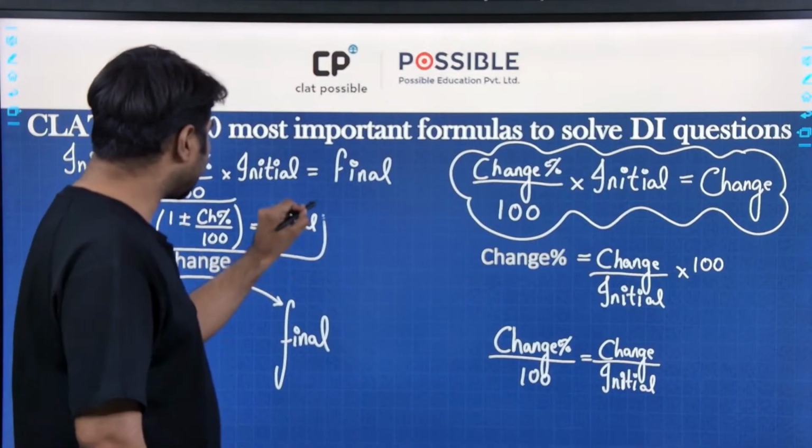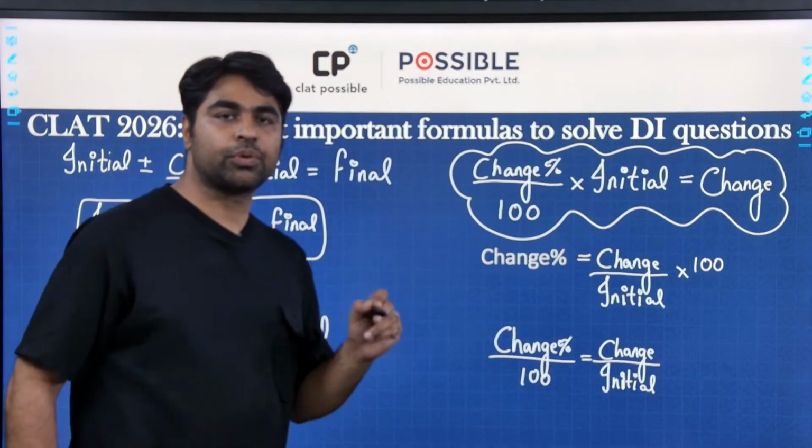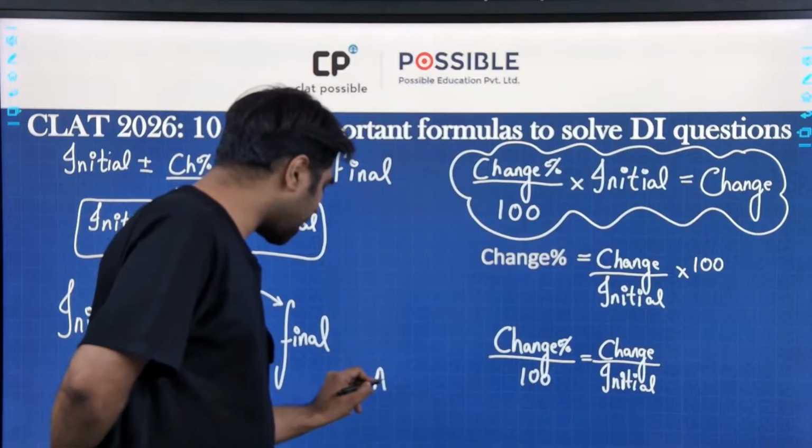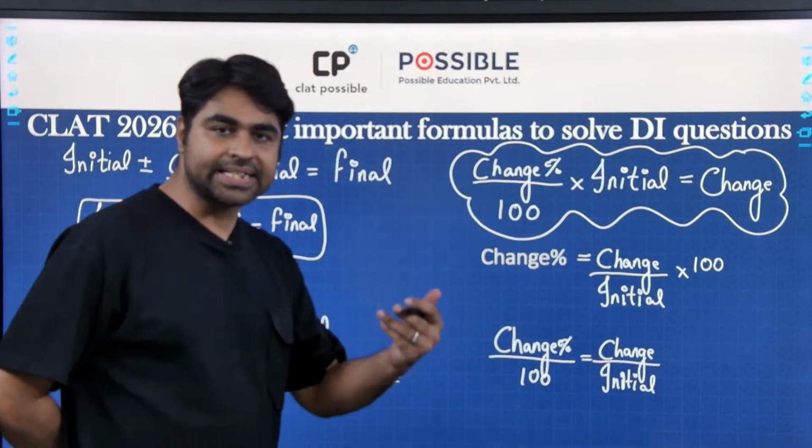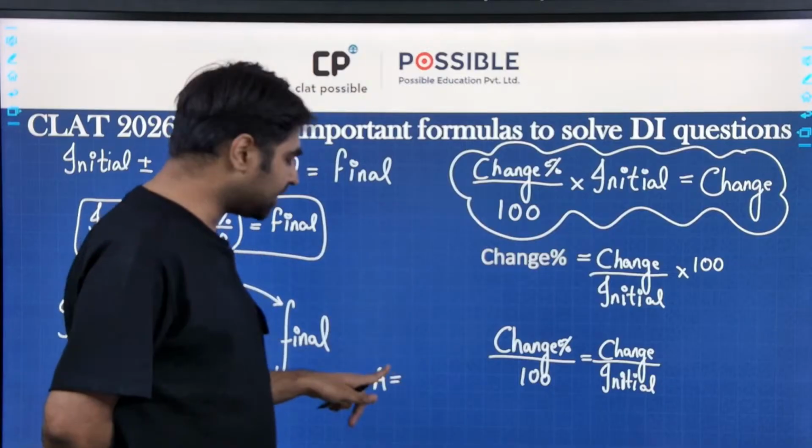So when it says that the students in University A are, it becomes equals to.